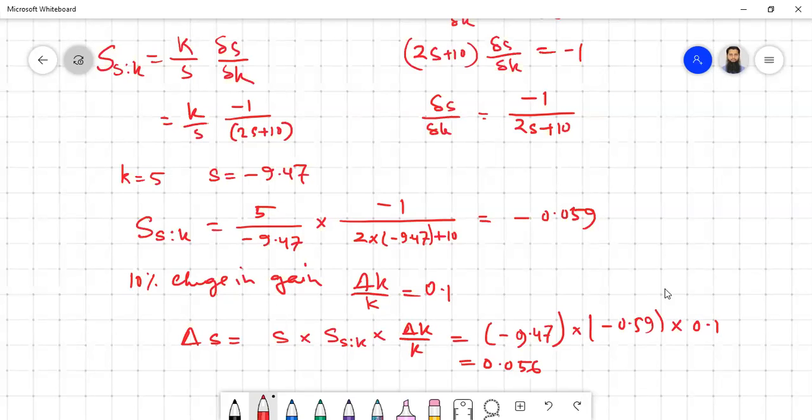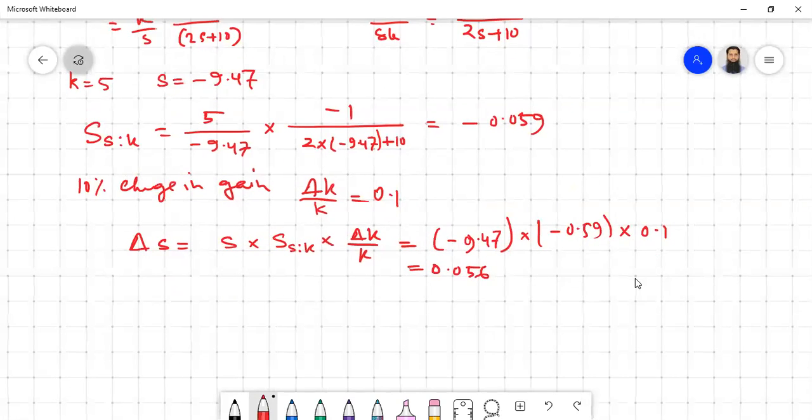So what does it mean? For a 10% change in gain, we are going to have a 0.05 unit change in the pole location.